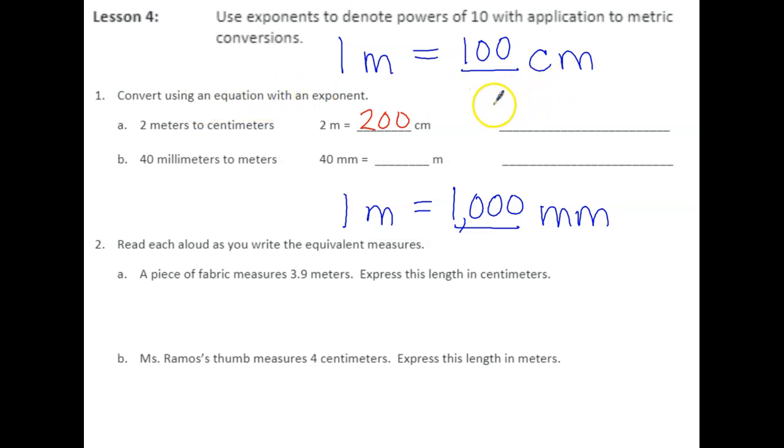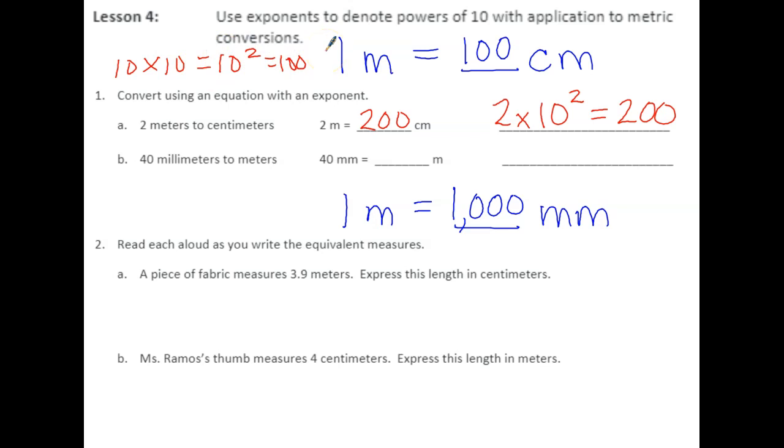So we say that 2 meters times 10 to the second power equals 200. You say, well, how'd you get 10 to the second power? What did I have to multiply 2 by to get to 200? I had to multiply it by 100. Well, 10 to the second power is equal to 10 times 10, which equals 100.